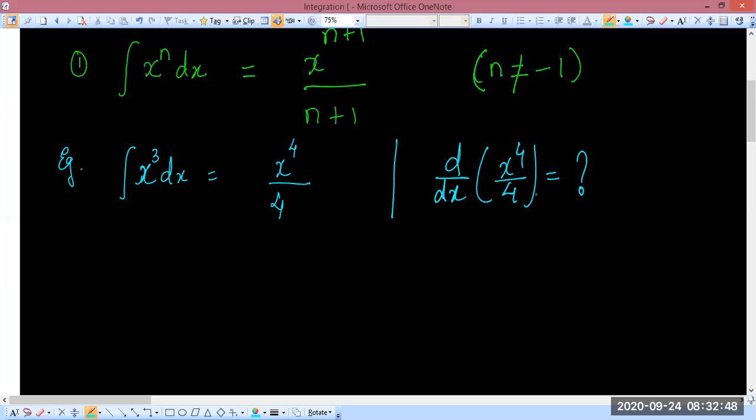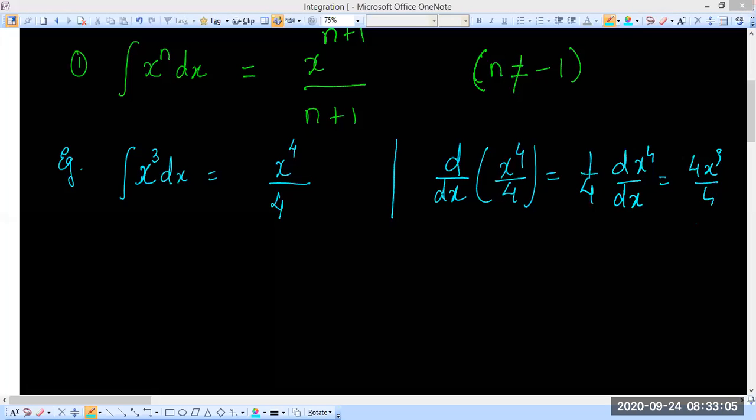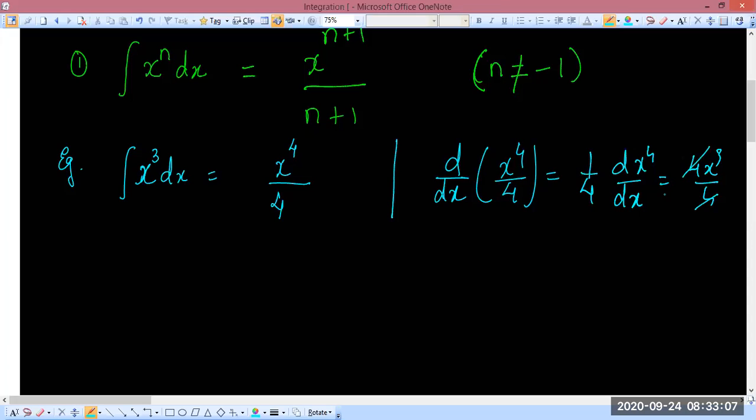I hope all of you do remember this, that you can take 1 by 4 outside because it's a constant. Kick the constant out rule, and now this is 4x cube upon 4. So 4 is cancelled and you get x cube.